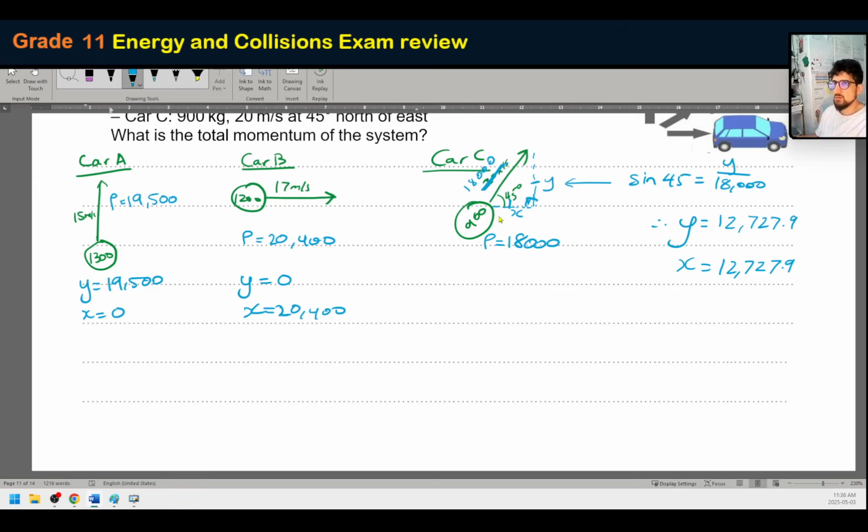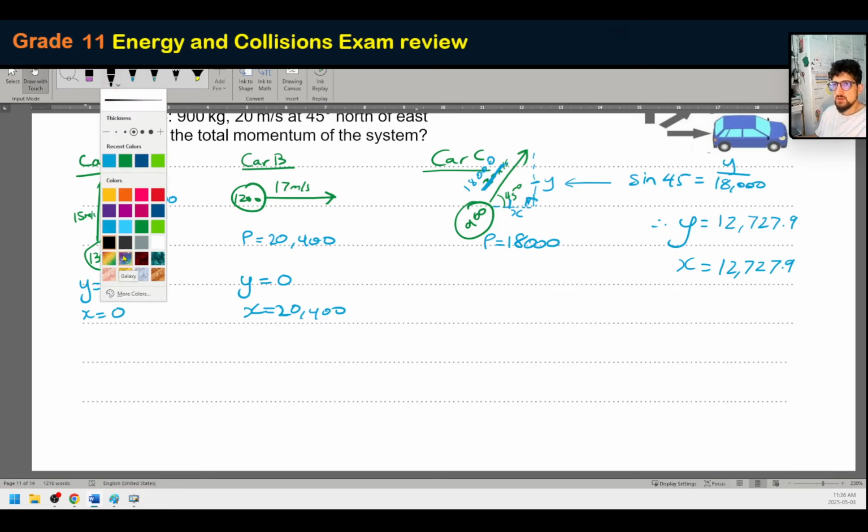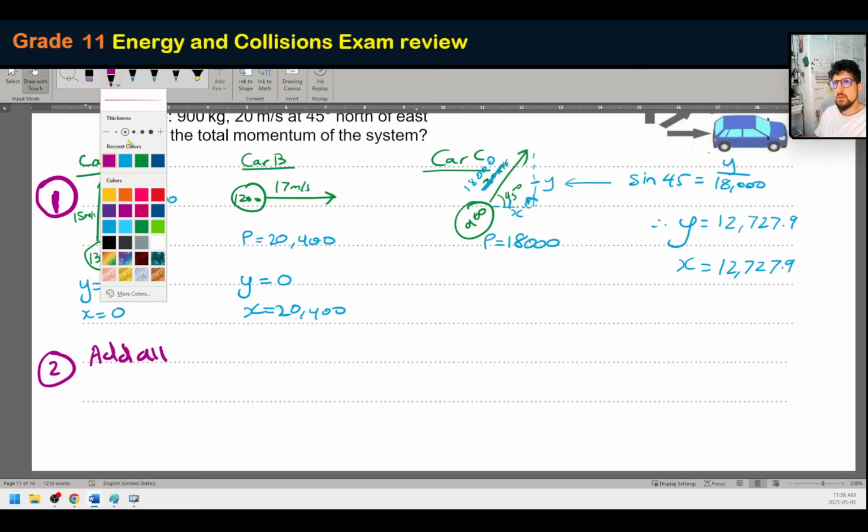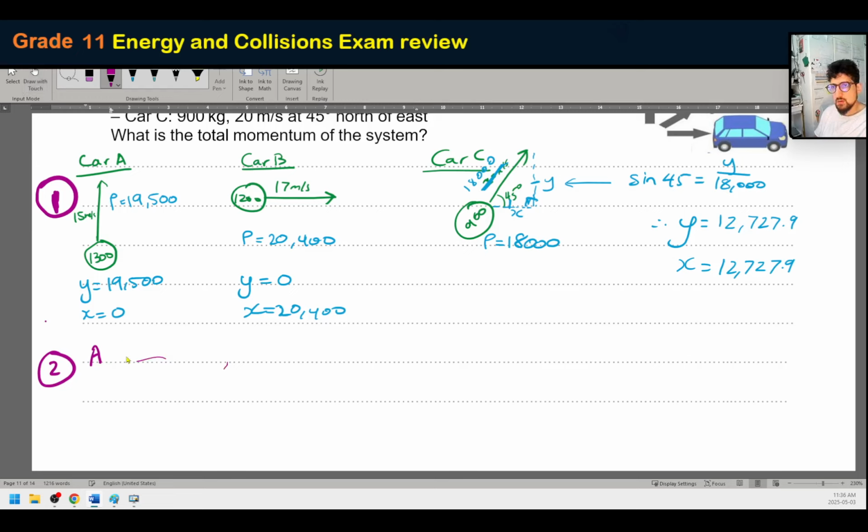So what do we do? Well, I've got all x's and all y's. So now the next step is to add them all together. That whole thing was just step one. Now step two would be add all x's and y's together to get a triangle, right?